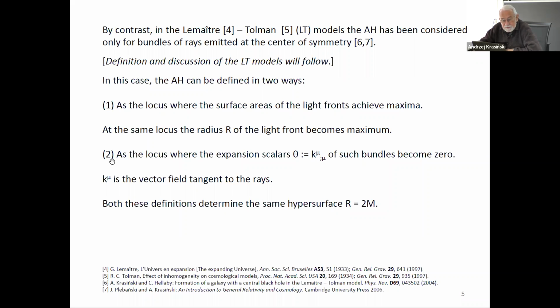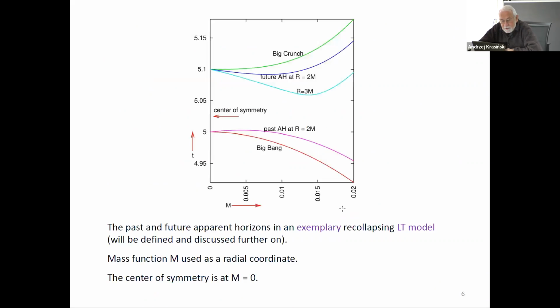Or the second method, as the locus where the expansion scalar of such a bundle becomes 0. K is the tangent vector field to the rays. And both these definitions determine the same hypersurface R equal to 2m. Well, it will become clear in a moment what this formula means.